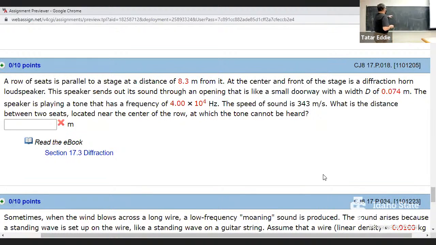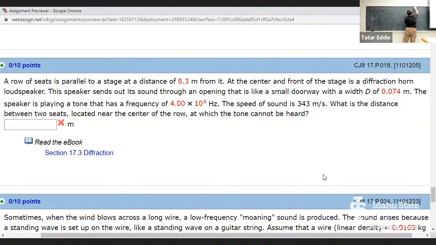And now look, the speaker is on. You're going to have high intensity sound right here at the center. But the sound intensity is going to be different as you go off the central line. Eventually, you're going to have no sound at this point and no sound at this point.